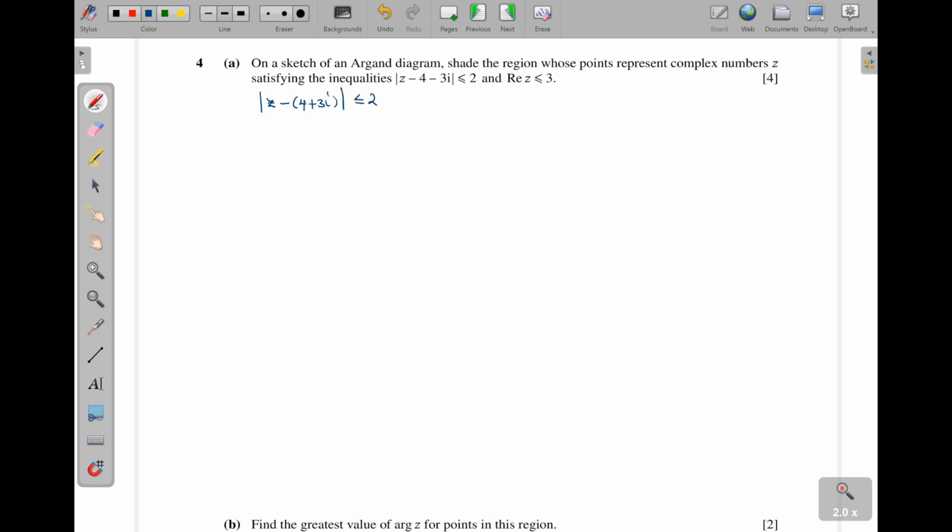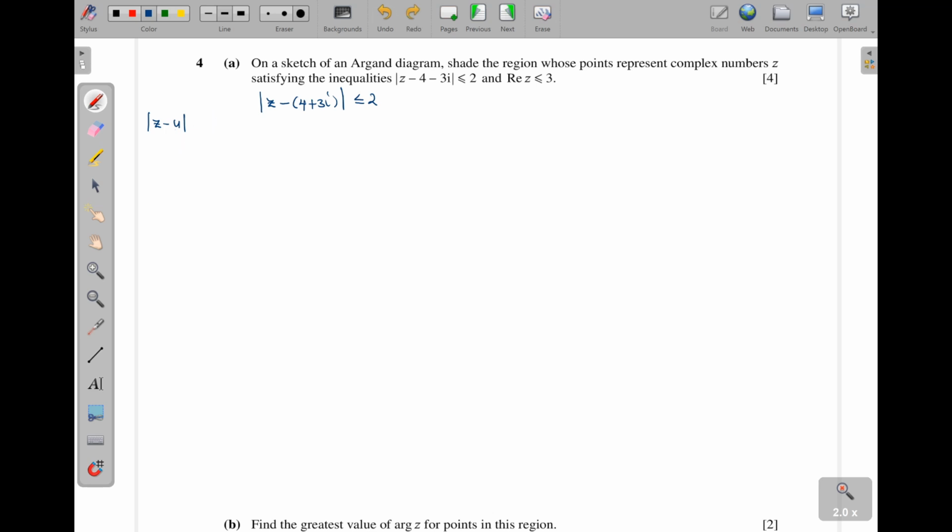If you have been following me, I have already said that if you see the modulus signs on one side of the equation, then you know that that is a circle. Of center, this one, we have modulus of z minus u, less than, let's say r, less than or equal, or maybe it is just equal. The center of that circle is this u, and this one is the radius.